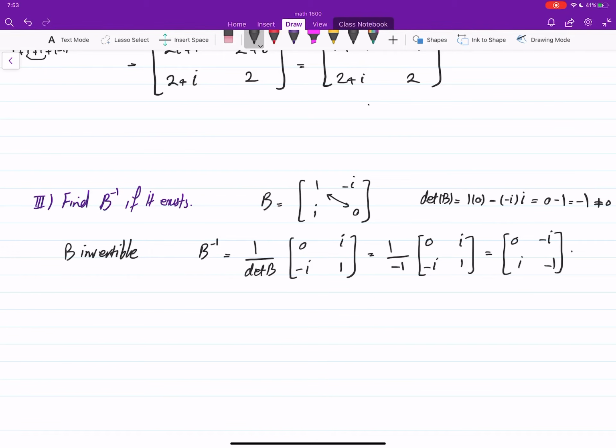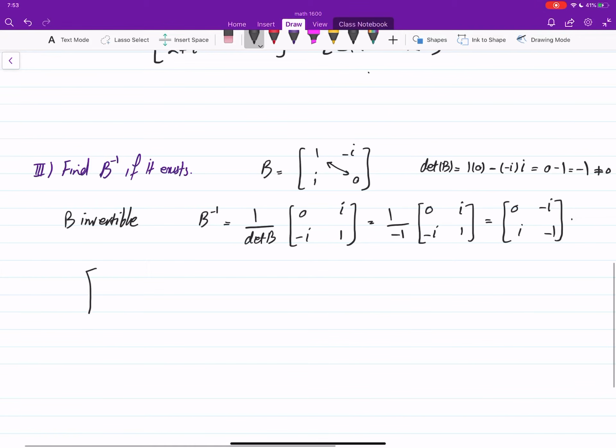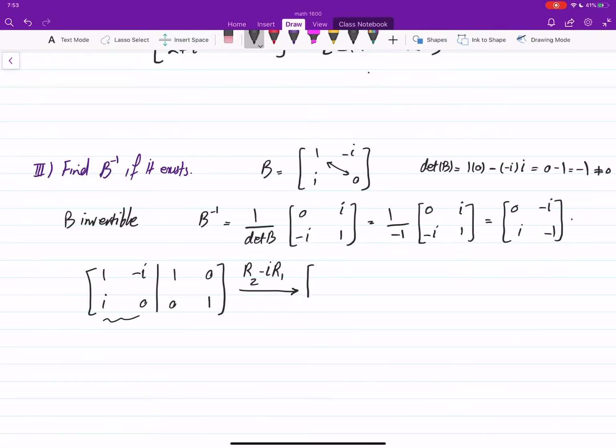That's it. Or we could have started with 1, minus I, 0, identity, and do the row operations. How do we find the reduced row echelon form of this matrix? If I multiply row 1 by negative I and add it to row 2, we will get 1 times negative I plus I is 0.